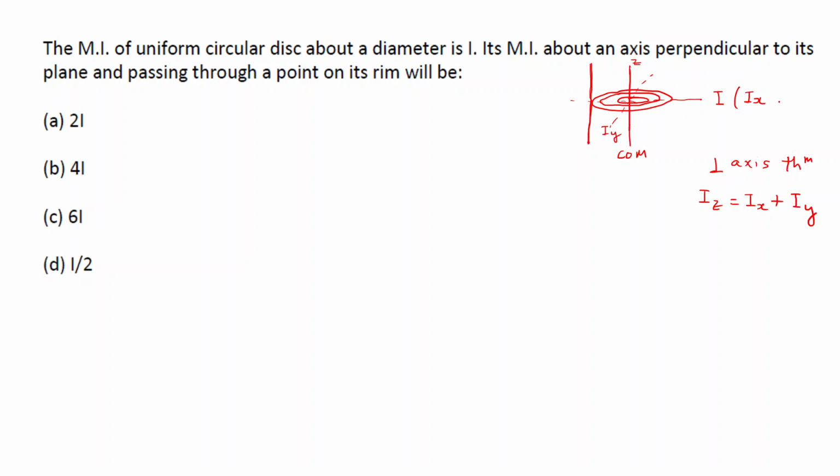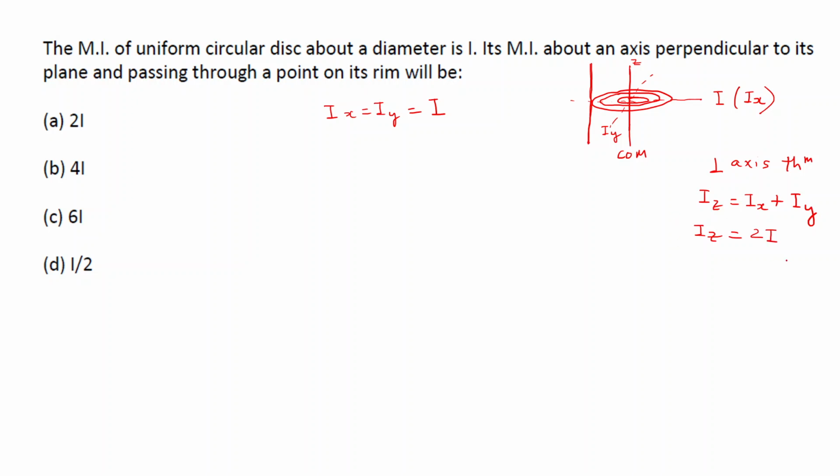Okay, and since this axis is the same, this Ix and Iy will be the same, right? Because they are the same axis, just 90 degrees apart. So Ix is equal to Iy is equal to I. From this theorem we know that Iz will be Ix plus Iy. Ix is I, Iy is also I, that means 2 times I.